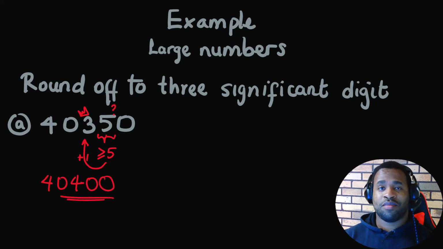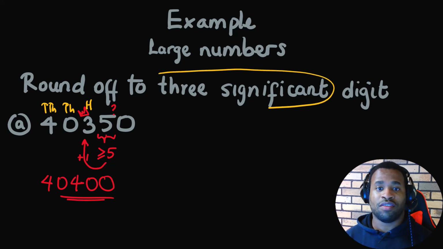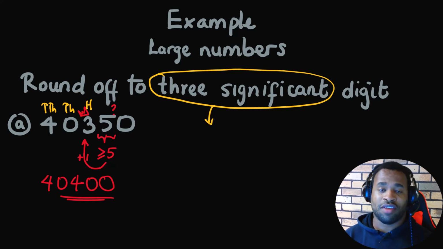Now in terms of place value, which is power of 10, we know that this is the 10,000s, this is placed as the 1,000s, this is placed as the hundreds. So that means the question can be rephrased as round off to 2 instead of 3 significant digits. This can also be rephrased as to the nearest what?